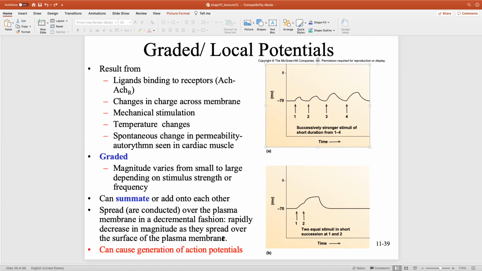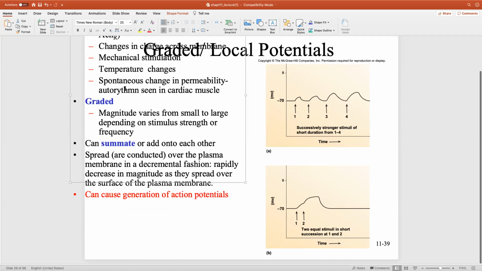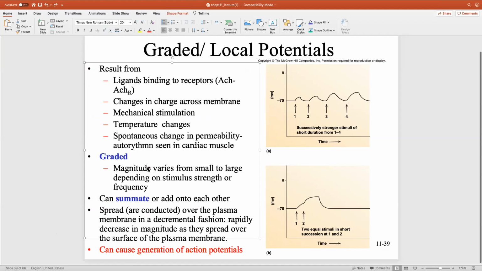Now, local potentials spread over the plasma membrane in decremental fashion. In other words, where we release acetylcholine, right here, in ligand-gated channels, if you release it only in that region, you'll then have only acetylcholine receptors open up in that region where you release acetylcholine. So then you'll have sodium rushing in that region only, because the acetylcholine receptors are sodium channels.